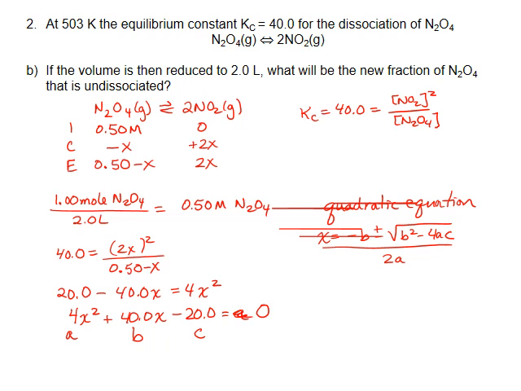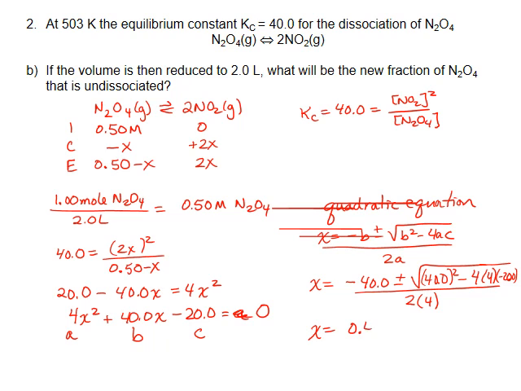Writing the quadratic equation out and then plugging in our values for A, B, and C, we find that the positive root for x is 0.4772.